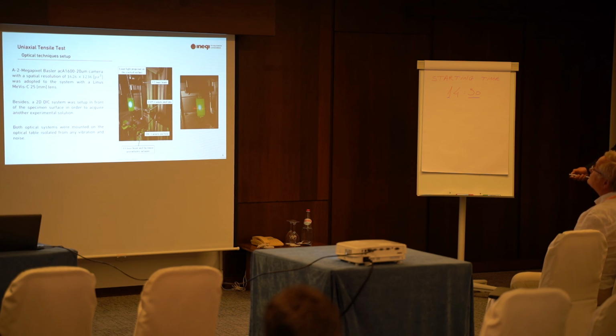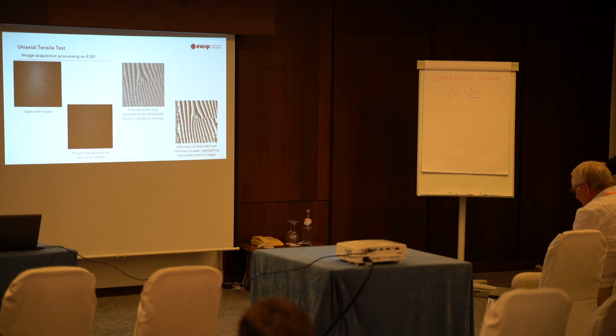This view is the ESPI, with the laser projected on the specimen surface. A 2 megapixel camera was sufficient for ESPI. ESPI has a resolution of a nanometer, while digital image correlation is in the best case a micrometer, so this is a multi-scale analysis.